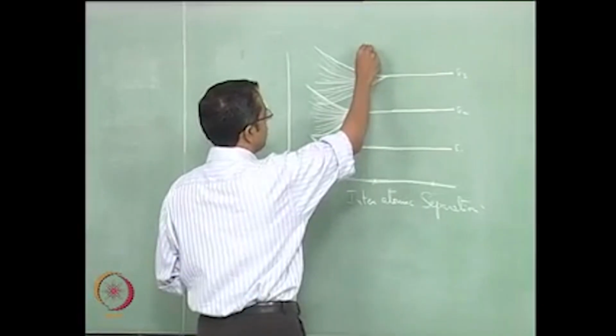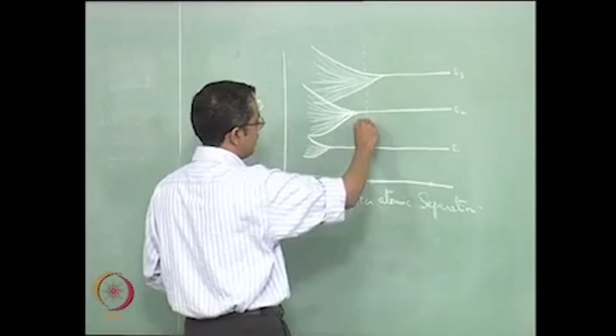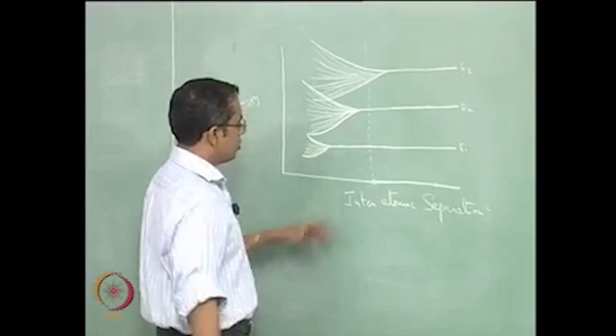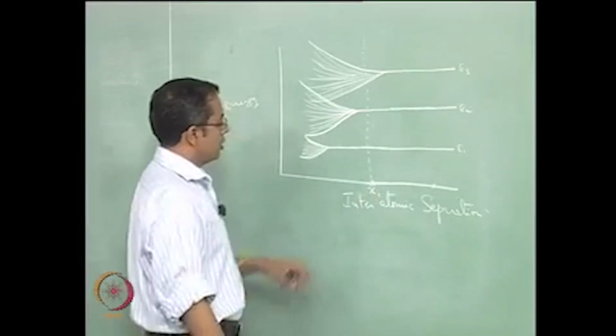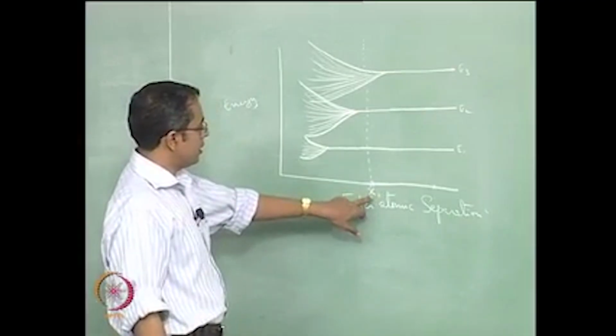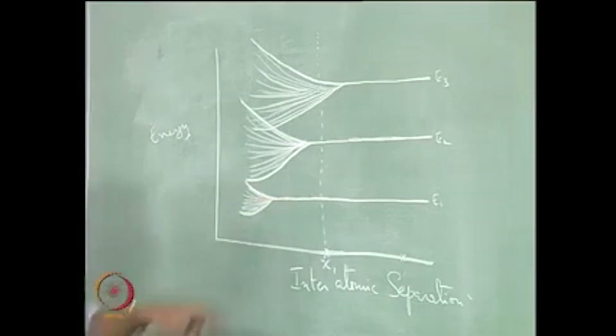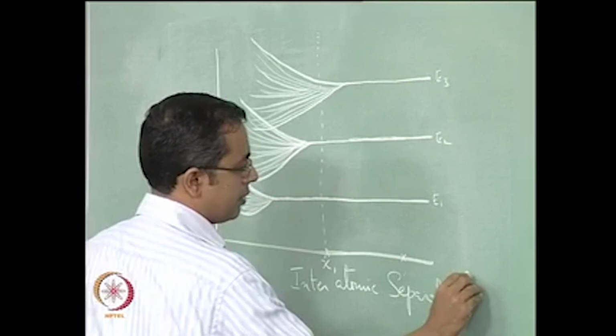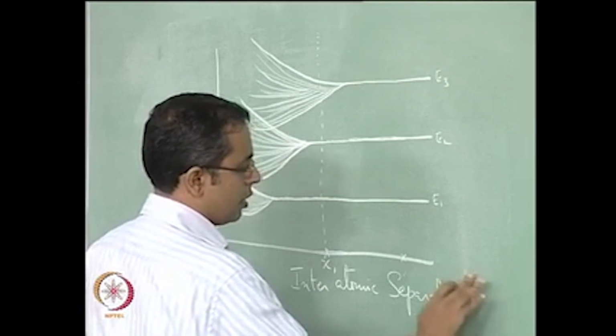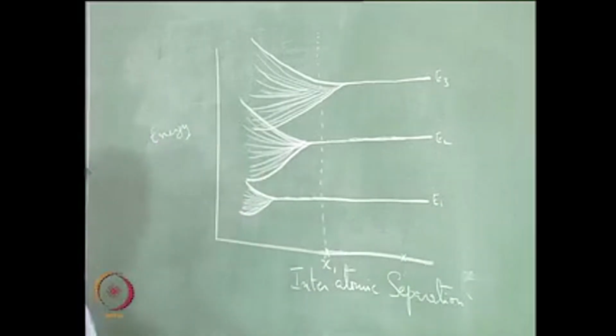Corresponding to that we can draw a vertical line. If I call this x1, when the equilibrium spacing is x1, we will see, I draw it here at x1, we can draw it this side maybe, so it will be clearer to see.